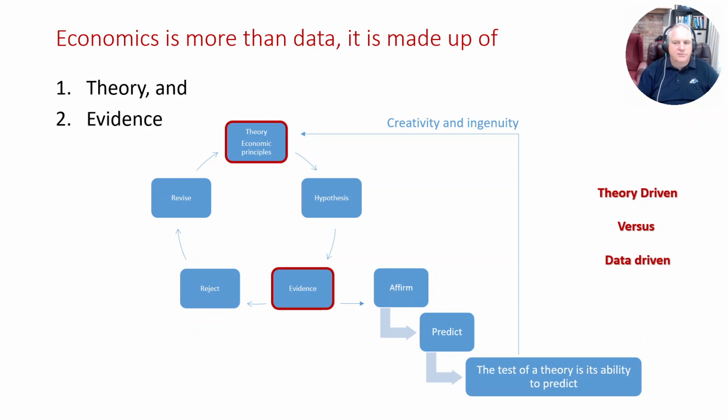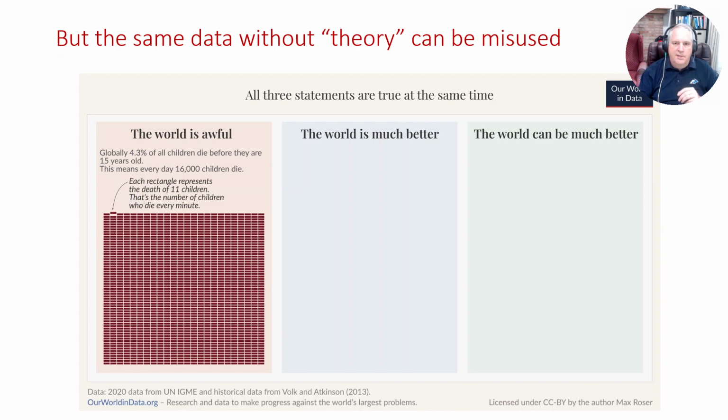But all evidence is not created equally. Let's see an example. Here you see an example of the same data being used, but without theory, and I put that in quotes because it's maybe not strictly theory, but you'll get the point here. This can be misused. In fact, let's get all political. This is a political statement. So the world is awful. That is my political statement.